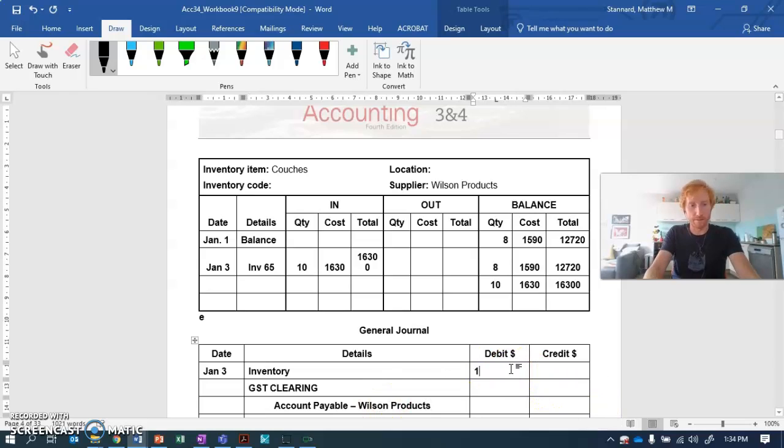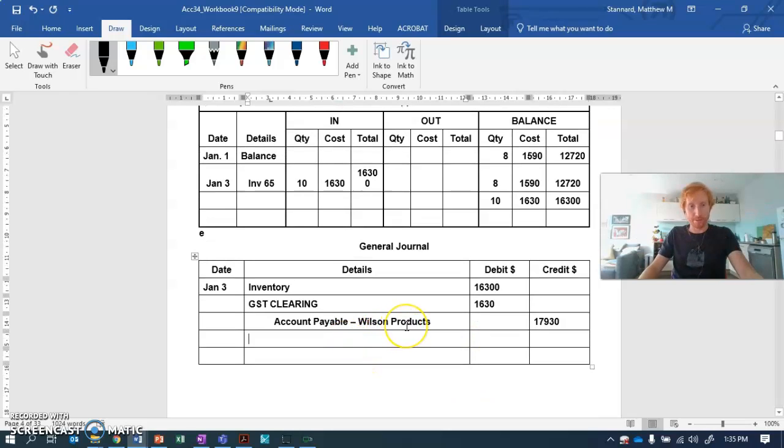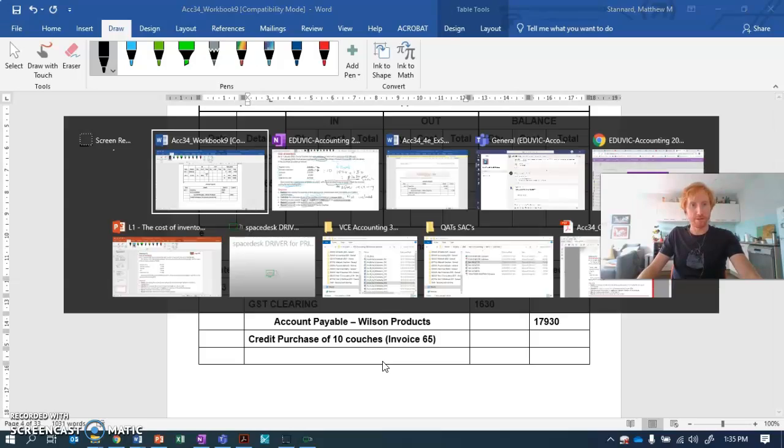So 16,300, 1,630, and the total invoice price is 17,930. It doesn't say not to include a narration, so we best do: credit purchase of 10 couches, and of course the invoice or source document number, invoice 65. Well, that's it, I think, for this question.